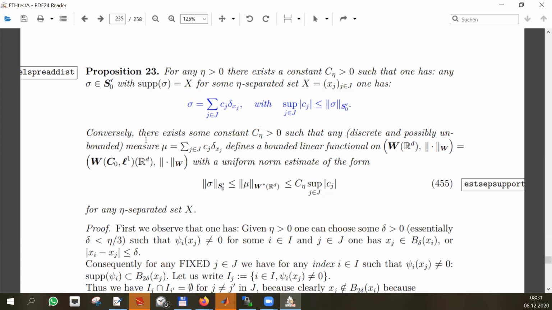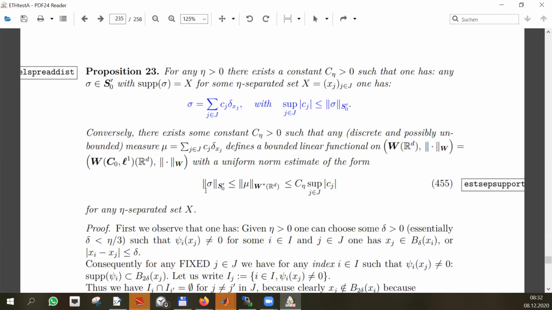But conversely, the following is true. If you tell me the eta, I can compute a number, and that has to do with the number of points in the big circle, such that any measure, which we still call a measure because locally it's a sum of Diracs, and therefore it's a little bit better than just a distribution, is a bounded linear functional on the Wiener algebra, and therefore, of course, also on S0.